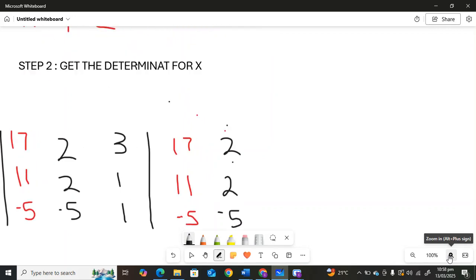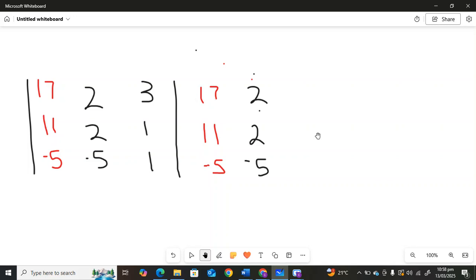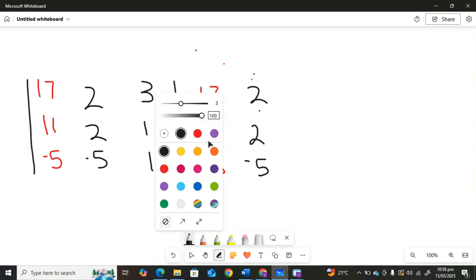Okay. So here, let's all participate, because when we start seeing big numbers like 17s and 11s, you have to be very careful.